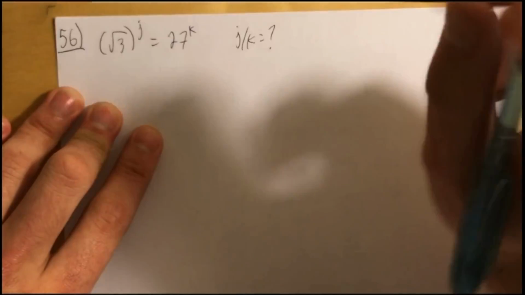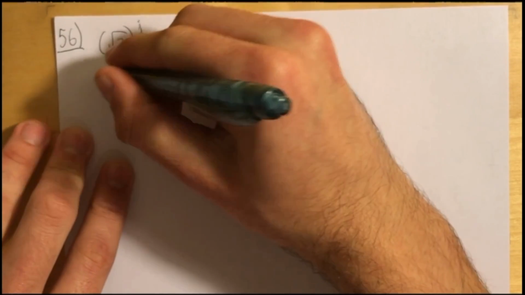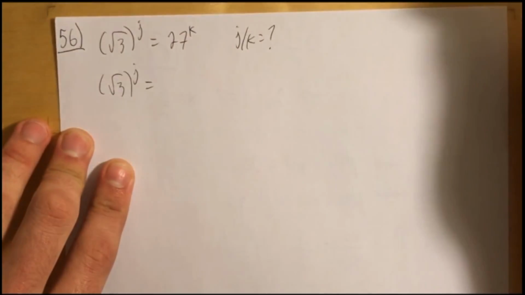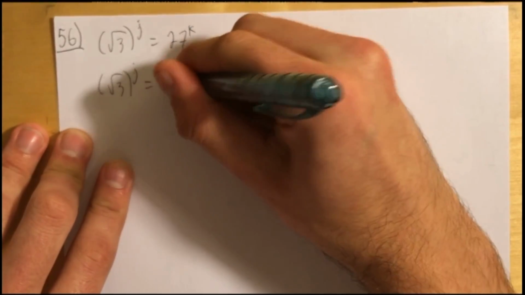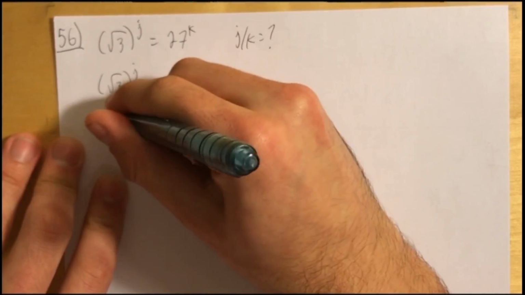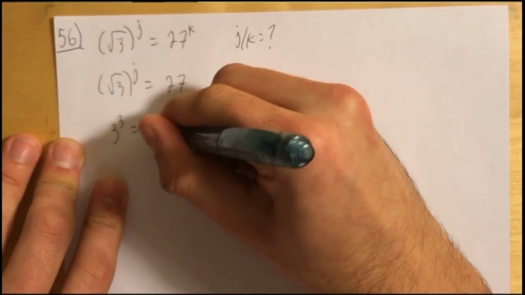Let's set k equal to 1 and see what we get for j. So then, square root of 3 to the jth power equals 27. Well, we know that 3 cubed equals 27.